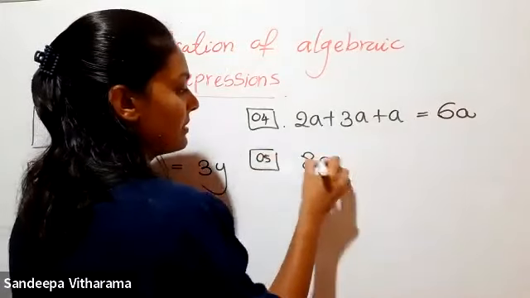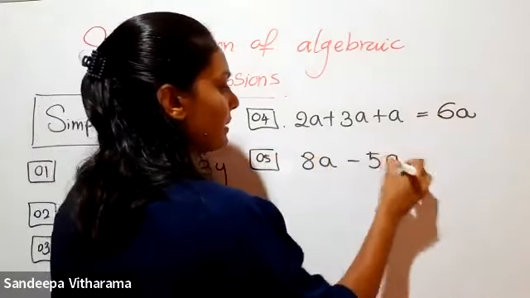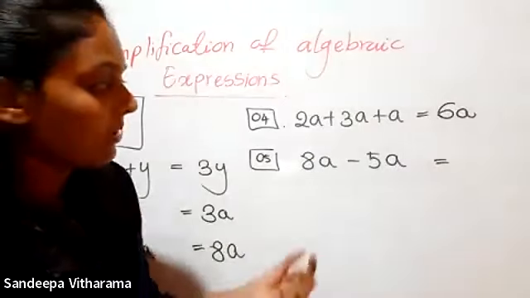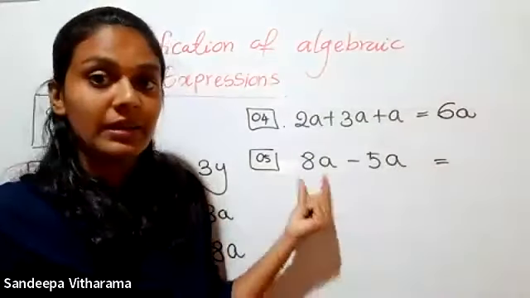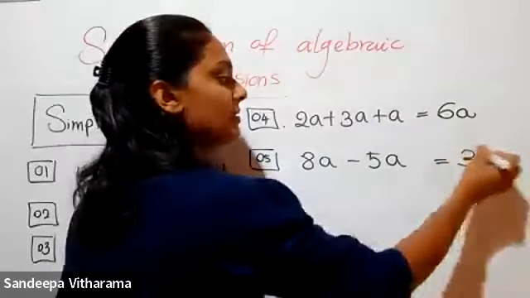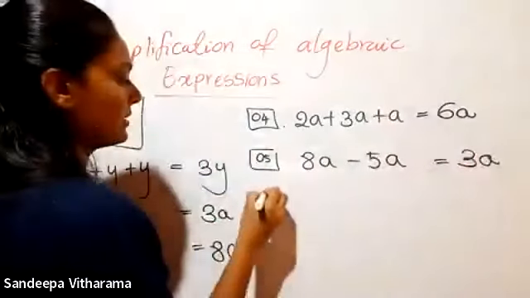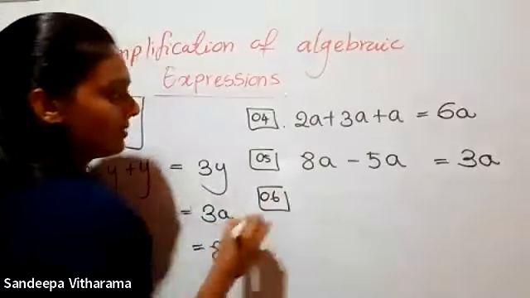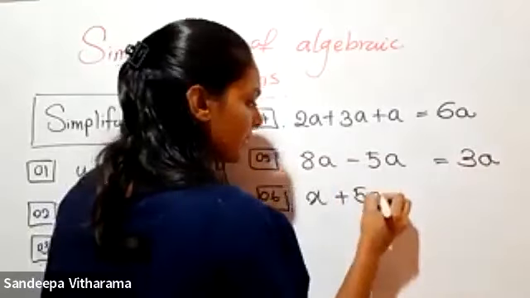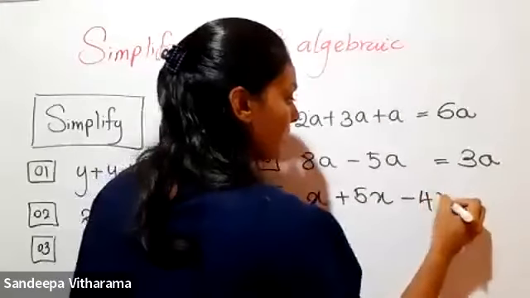It is 8a subtract 5a. Now it is a subtraction. There are eight a's, and when 5 are subtracted, it becomes 3a. Very good. It is 3a. Look here. It is x and 5x, subtract 4x.